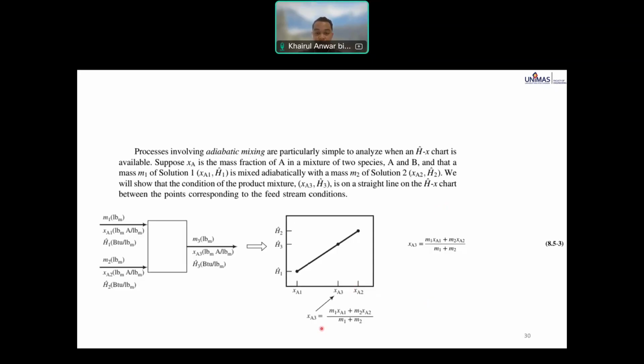So for adiabatic mixing, xA3 is equal to M1 times xA1 plus M2 times xA2, divided by M3, based on this equation. This is for adiabatic mixing.